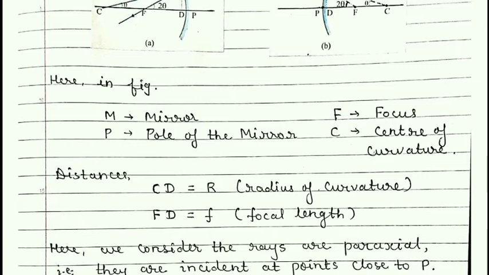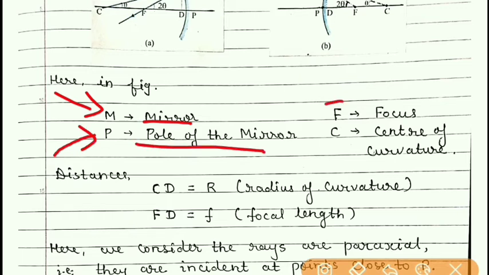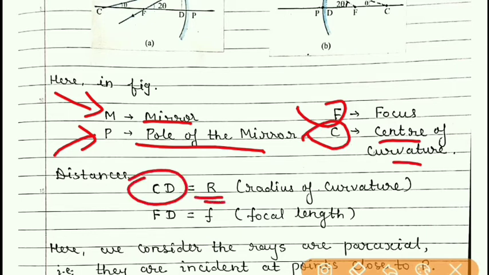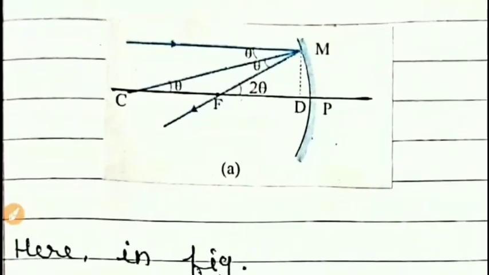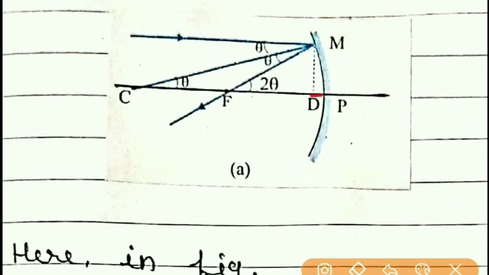Now once again, M denotes the mirror, P denotes the pole of the mirror in the figure, F is the focus, C is the center of curvature, distance CD is equal to R, that is the radius of curvature, and distance FD is nothing but the focal length denoted by small f. This distance from P to C is R, and from P to F is f.